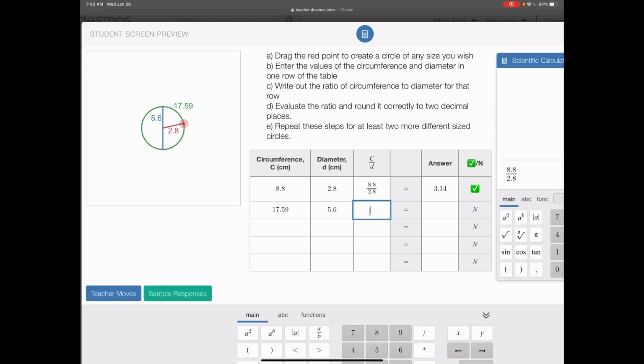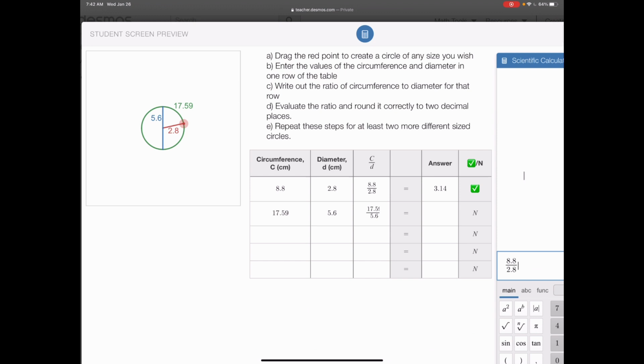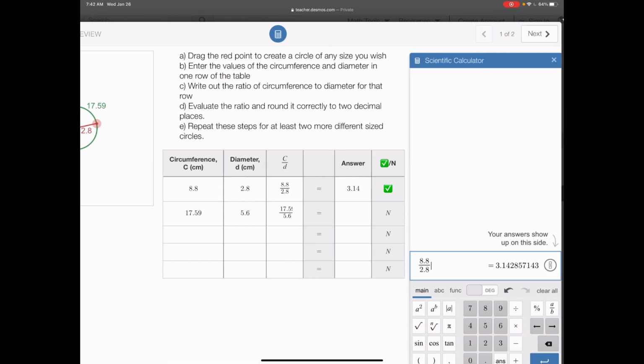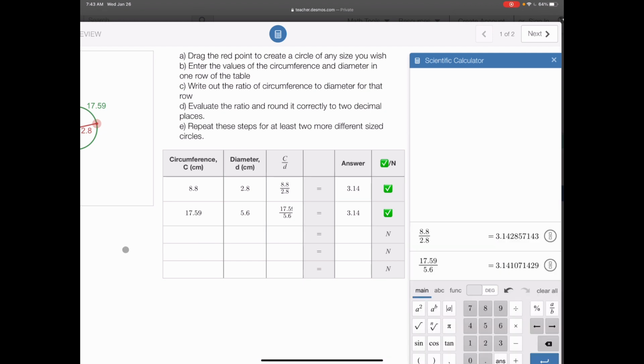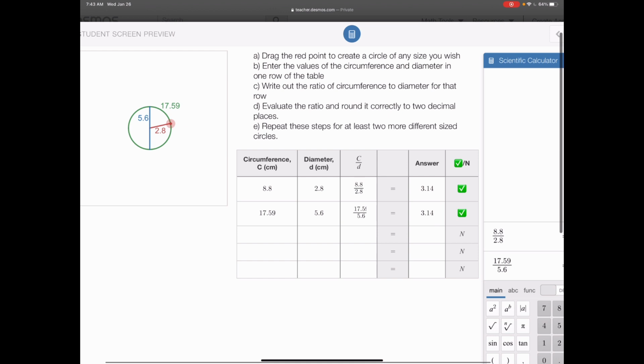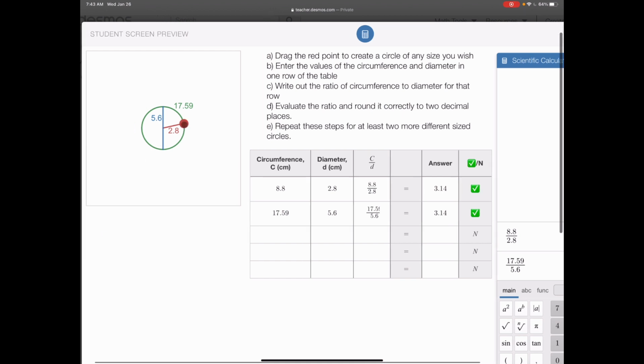We're going to do 17.59 divided by 5.6. Oh my gosh, 3.141. Okay, do you see a pattern here? I hope you're seeing some sort of pattern.